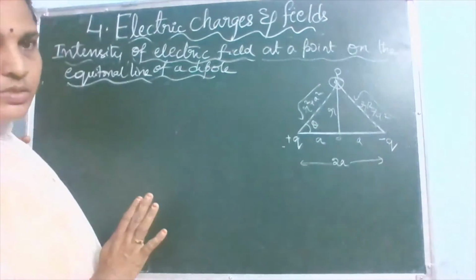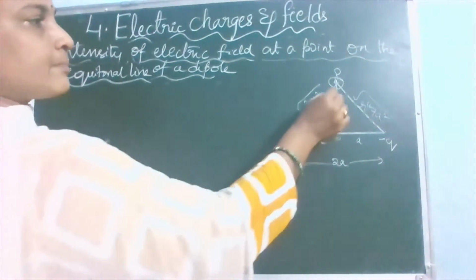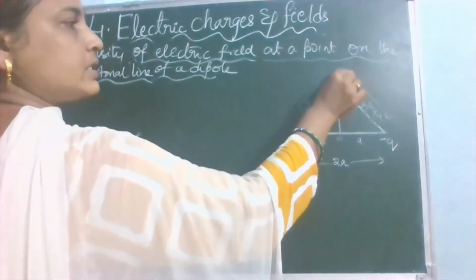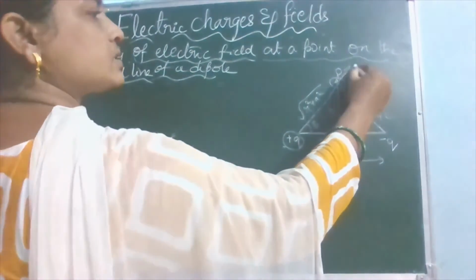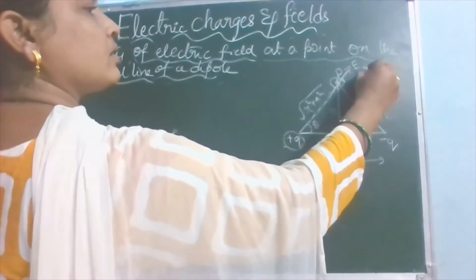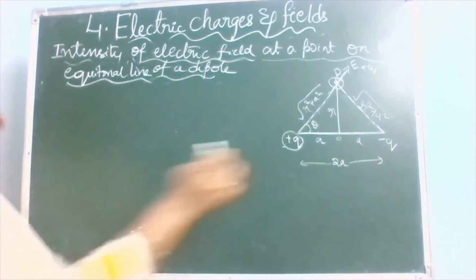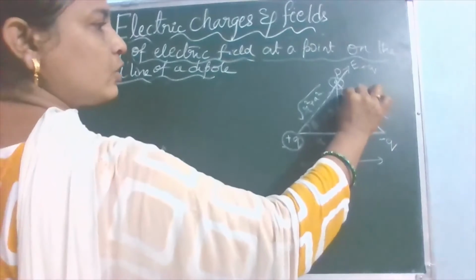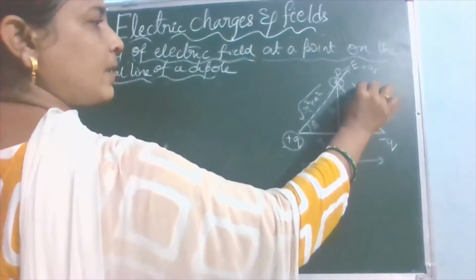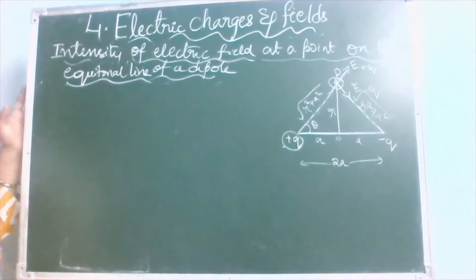Here the electric field intensity due to plus q will be in this direction, which is away from the source, and E due to minus q will be towards the source.